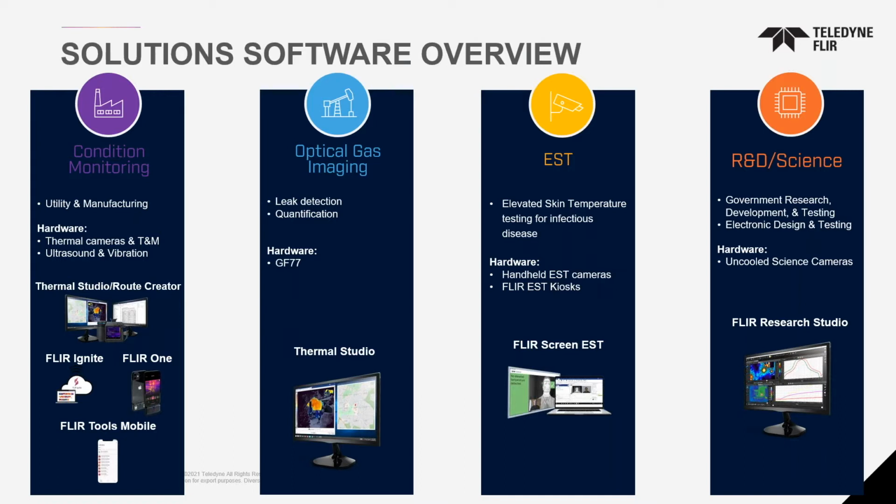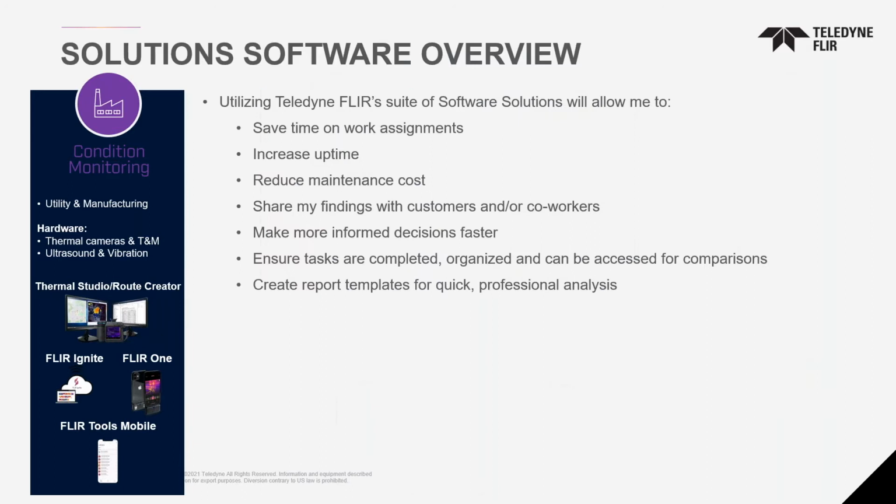And what we're going to be talking about for the most part today is our condition monitoring based software. So this is for our handheld cameras, whether it's our FLIR One Pro that goes into your cell phone, a handheld EX camera or EXX or T-Series professional camera that you're using for condition monitoring.